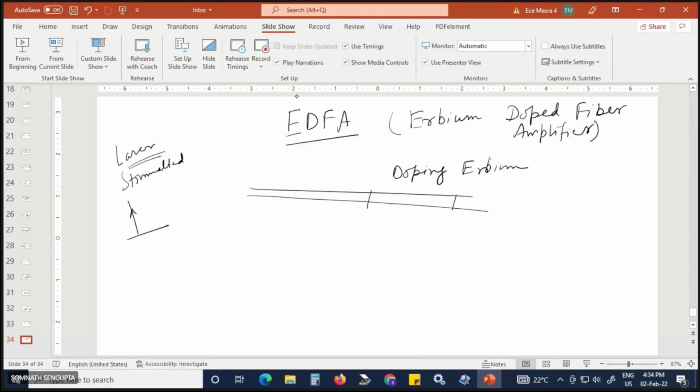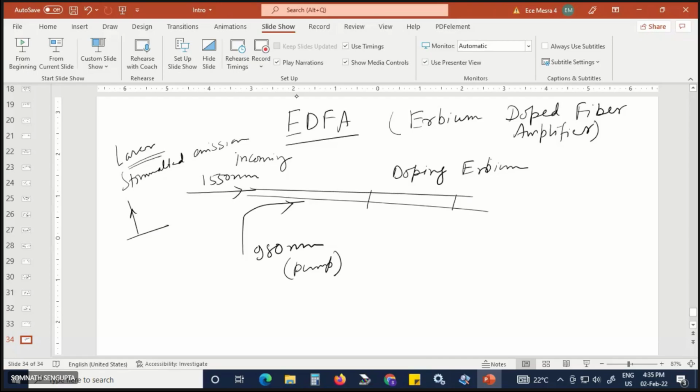So this is pumping of molecules by applying external energy. A 980 nanometer wavelength is used, and this is your 1550 nanometer incoming wavelength for your data or information, and this is the pump wavelength. So stimulated emission takes place.